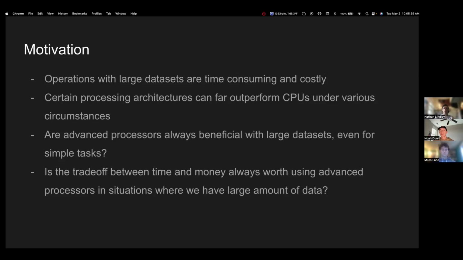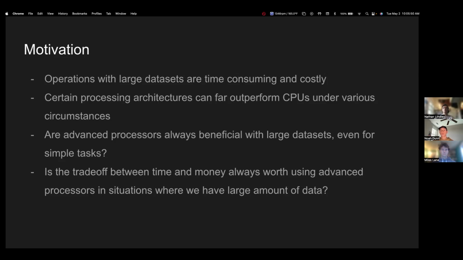So it can be very easy when facing a large data set, regardless of the actual computing task at hand, to think it's just better to throw a GPU or TPU architecture at your problem in order to get faster results. And this is especially the case when using resources like Google Colab, where you have access to these very easily, or cloud computing environments with freer academic credits. However, will using these advanced processors always be beneficial, even for applications with very simple computing tasks?